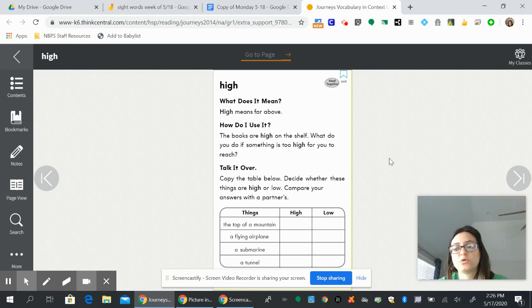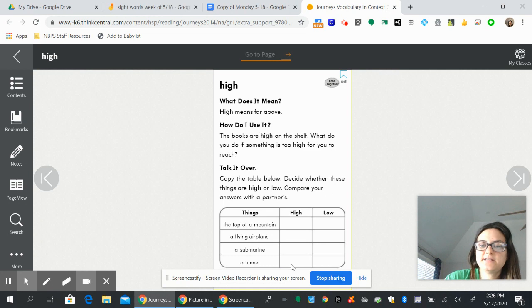So Mrs. Greco is a little short. So I need a stool in order to get to some things because some of my cabinets in my kitchen are too high. What is something that's too high for you to reach? Think about it for a second. Okay, maybe tell someone that's in your room something that's too high.